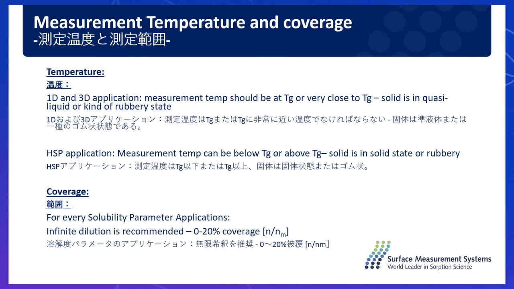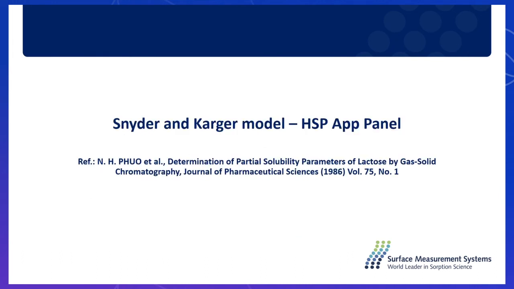And for the next application, what I will show, you don't have to be at the glass transition temperature. You can be below the glass transition temperature or above. And for solubility parameters measurements, the coverage has to be between 0 and 20%. This is how much the surface is saturated with the injected probes. So you have to be in the infinite dilution range.